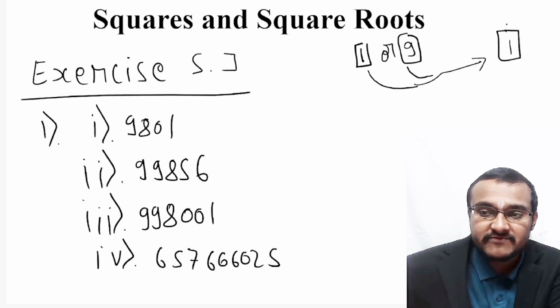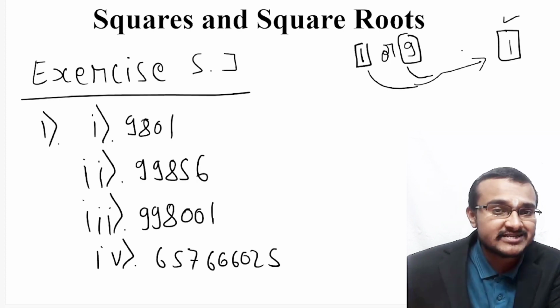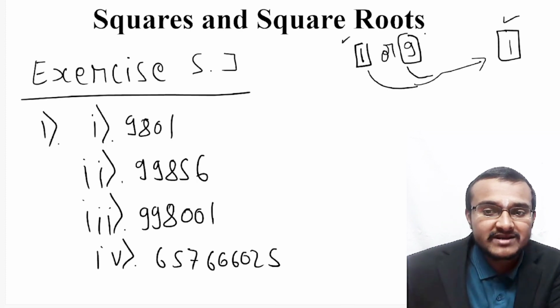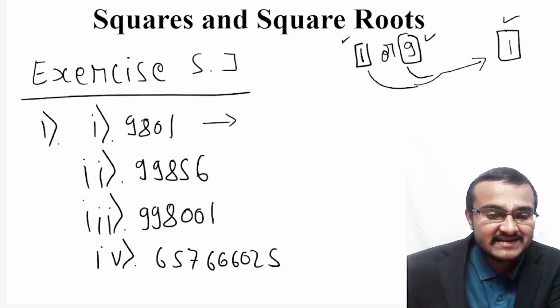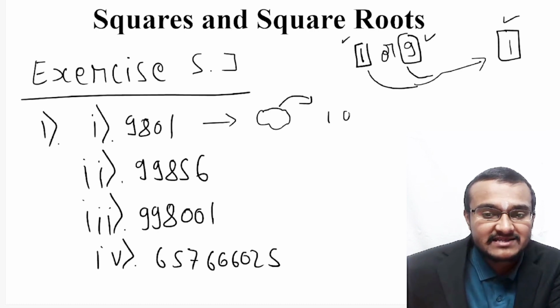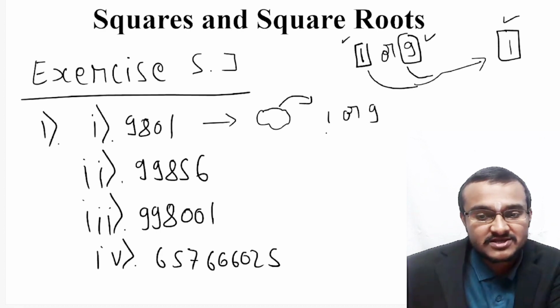That means if a perfect square has 1 in its units place, then its square root will have 1 or 9 in its unit place. So here this 9801 will have a certain number as its square root. So this number will have either 1 or 9 in its units place. So this is the answer you should find.